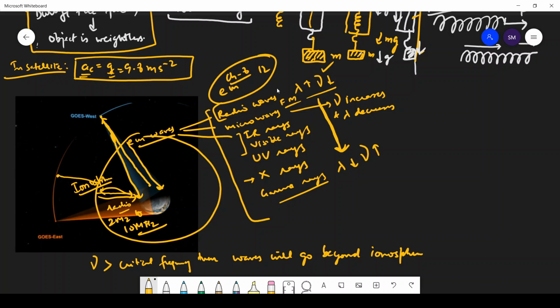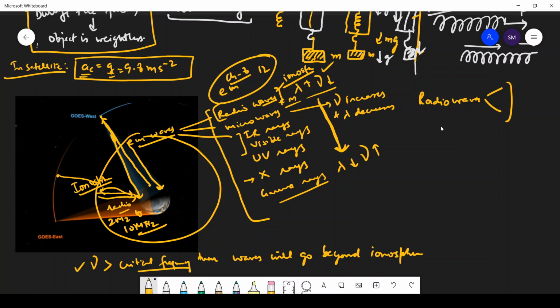So for radio waves, the ionosphere is fine to reflect them, but even radio waves are of many types, students. So everything depends on the critical frequency.